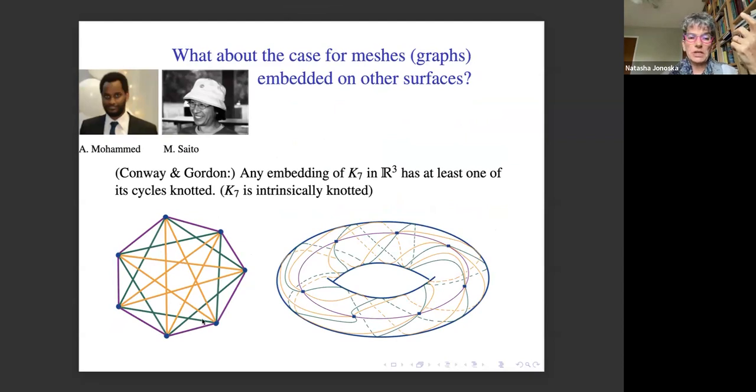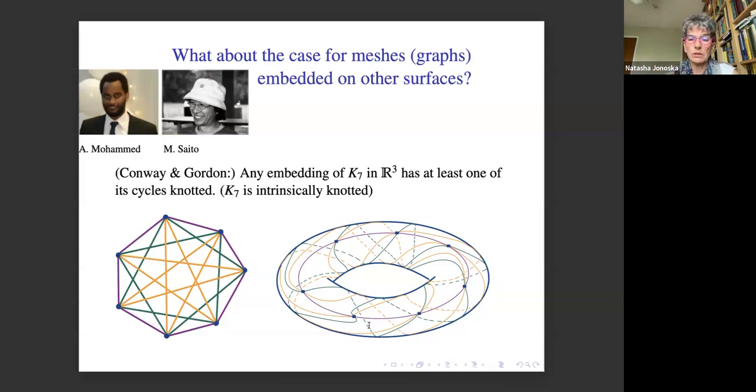As an example, take this K7, right? K7 is intrinsically knotted. However you embed it in space, there will be a cycle that is knotted. But I can do a cellular embedding on a torus. In this cellular embedding on the torus, I can take the purple cycle here, then use the red going around 3 times, and then the green goes around 3 times.